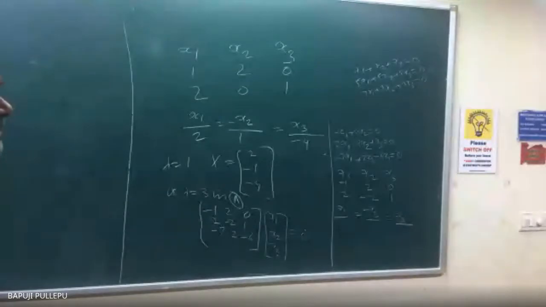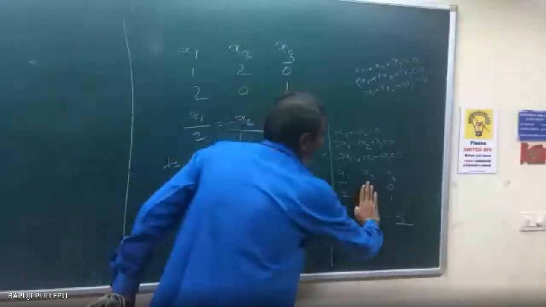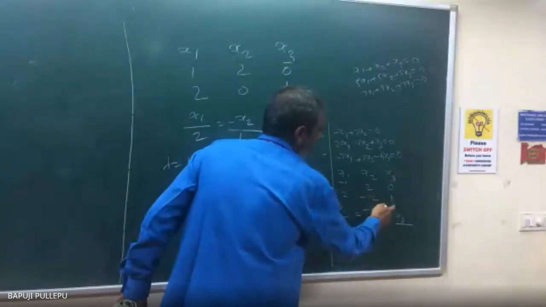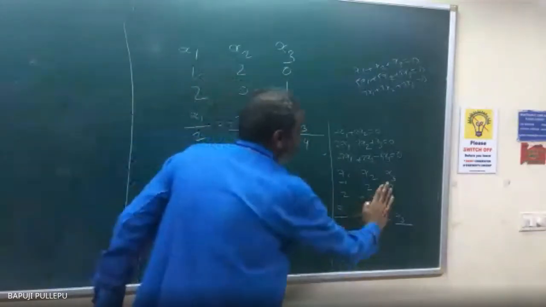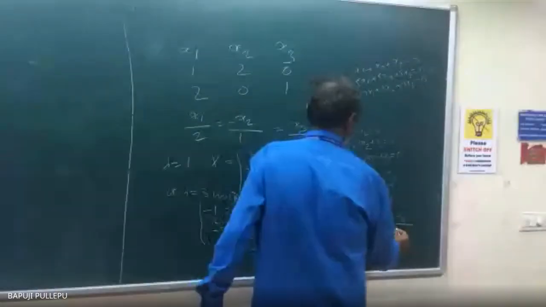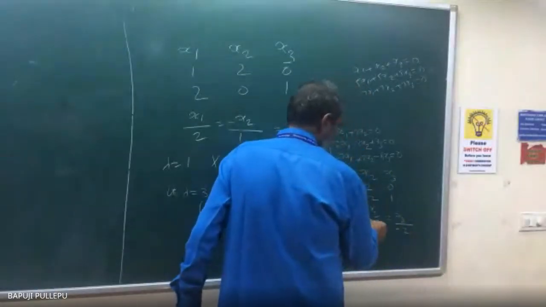Sir, AD minus BC. x1 by 2. x2 means leave this fellow, AD minus BC: minus 1 minus 0. x3 means leave this fellow: 2 minus 4, minus 2. Can I cancel this actually?